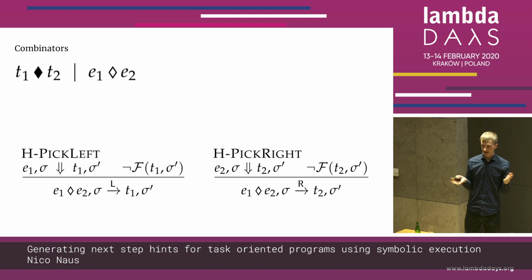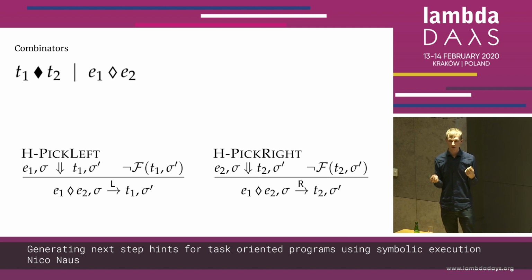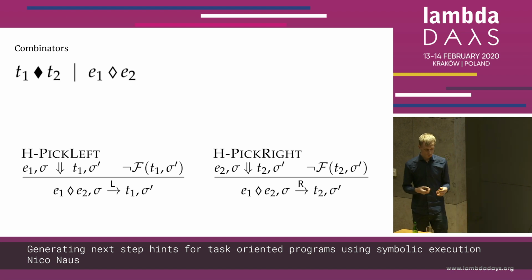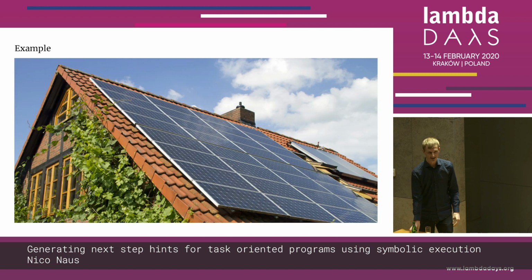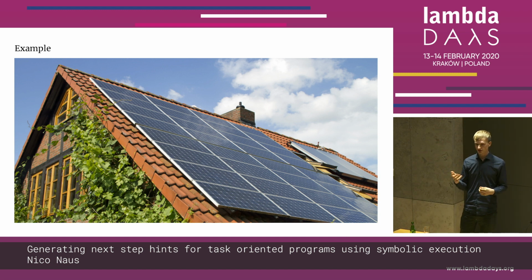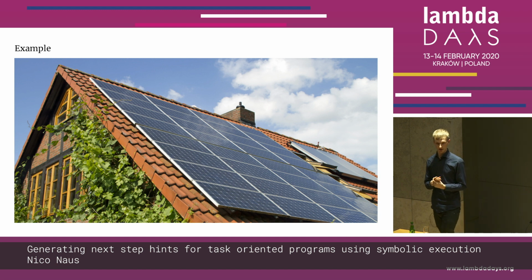All right, so this looks very simple, but this actually allows you to describe real-world collaboration that we see in workflow systems. And to make this live a bit more for you, I'll give a small example. So imagine that you are a tax office and you need to handle subsidy requests for solar panels.